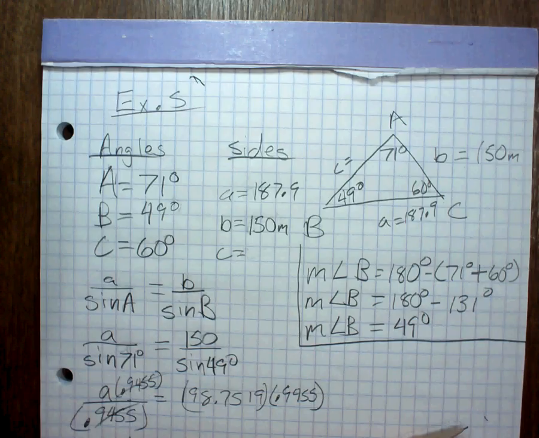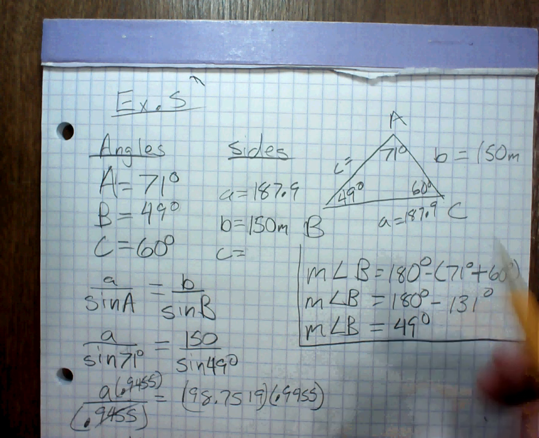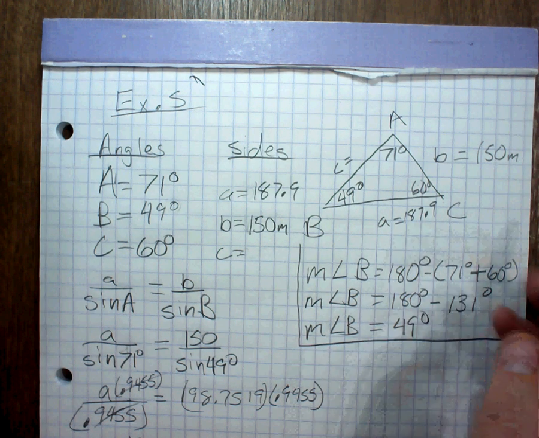Now this is not a right triangle. It doesn't have a right angle, so there's not technically a hypotenuse. What you got to do is these parts are corresponding and they're proportional, so you got to look for a common sense check.